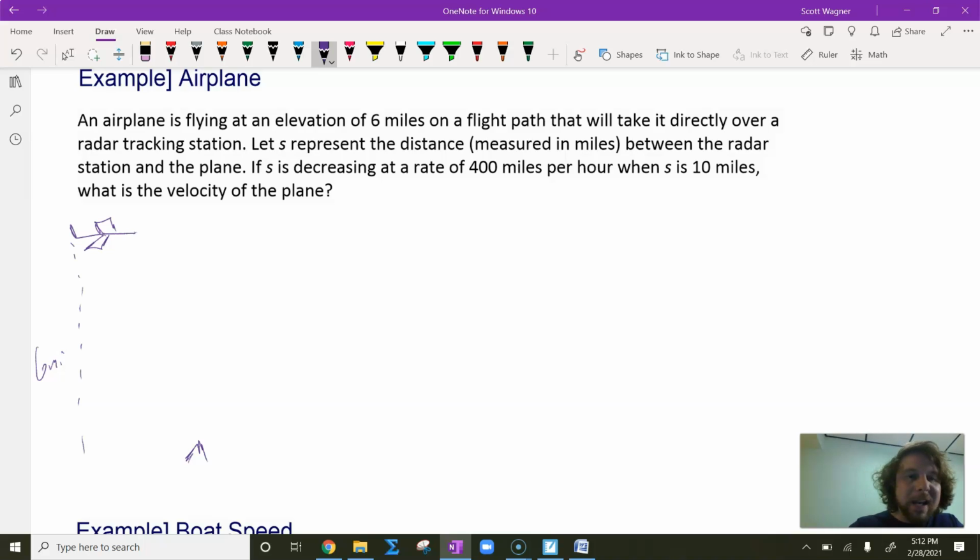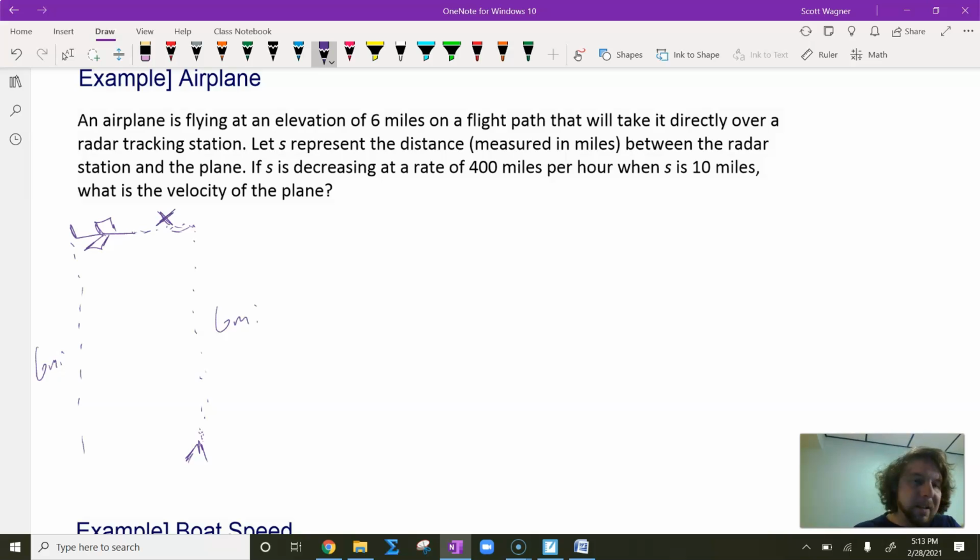All right. So when it is directly overhead, we'd say that's 6 miles off the ground from the radar station. But we don't necessarily know how far away it is. So we'll say that the plane is maybe this distance over here. We'll call that x miles away.